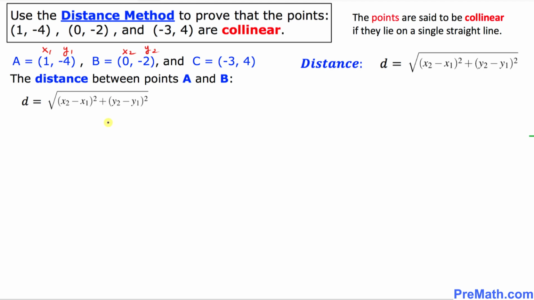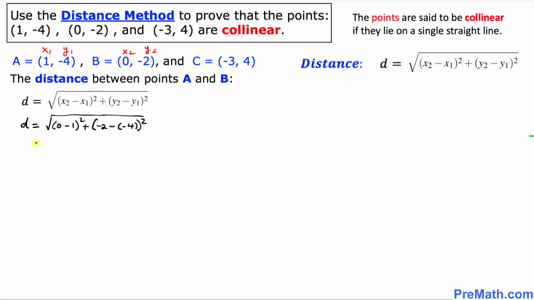Let's go ahead and fill in the blanks. So d is going to be equal to, in our case, x2 is 0 minus x1 which is 1, squared, plus, in our case, y2 is -2 minus y1 which is -4, and then the whole thing squared.